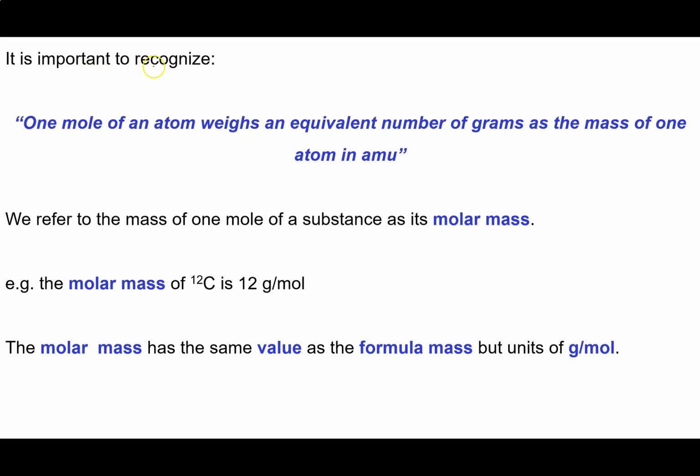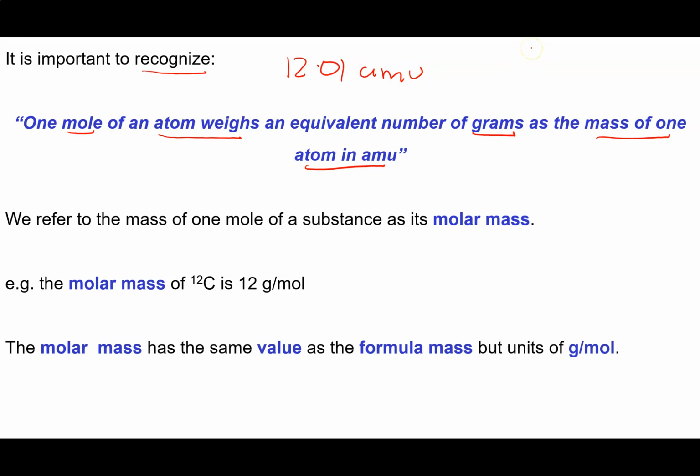One of the important qualities of the mole is that 1 mole of an atom weighs an equivalent number of grams as the mass of 1 atom in AMU. If we have an average carbon atom, it has a mass of 12.01 AMU.